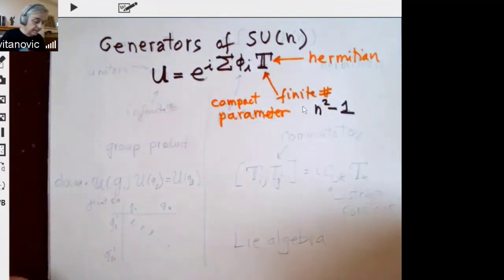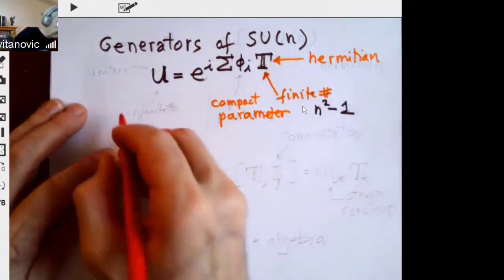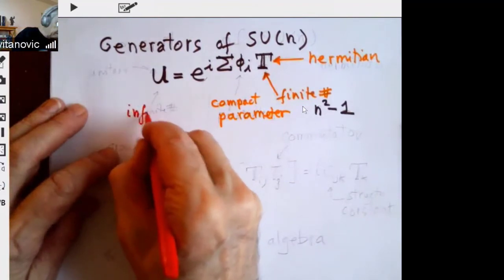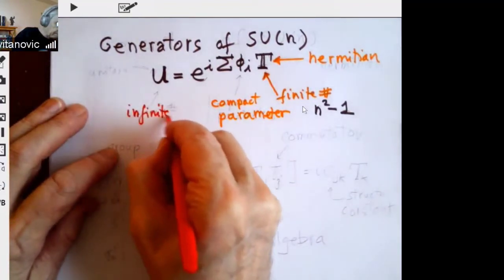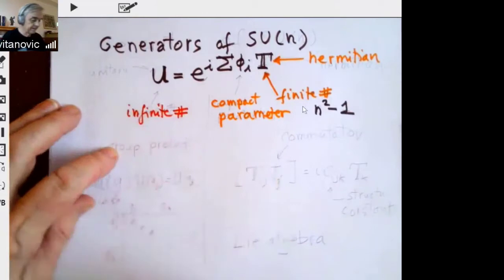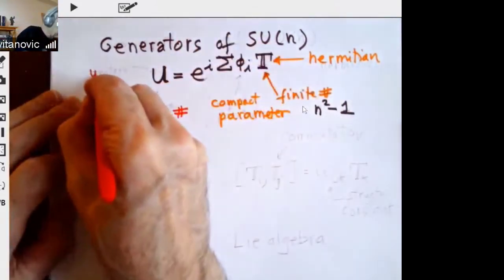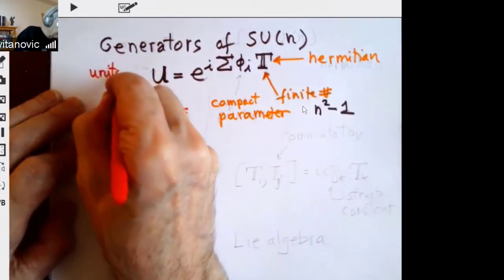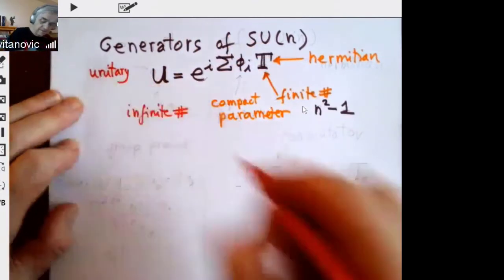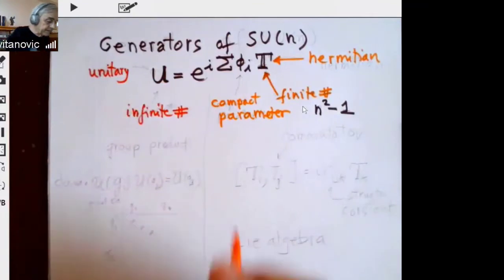And what do you get? It used to be an infinite number of group elements. Now, I call it U because we're specializing to unitary matrices. Why do we specialize?